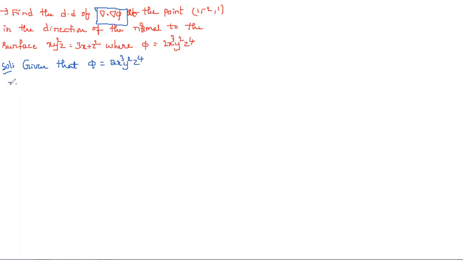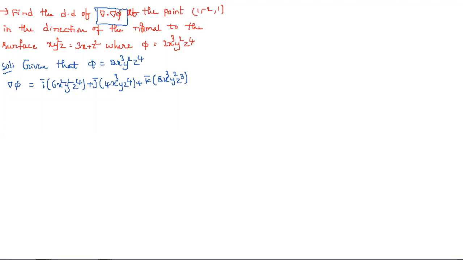So del phi is nothing but i into dou by dou x of phi. With respect to x we get 6x square y square z power 4, plus j into with respect to y, that is 4x cube y z power 4, and with respect to z we get 8x cube y square z cube.